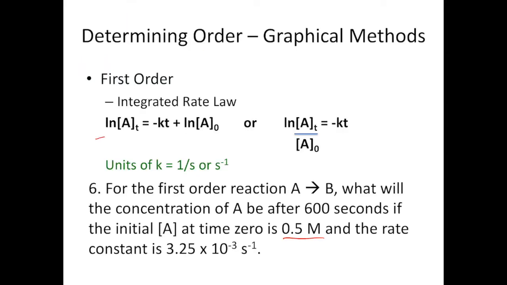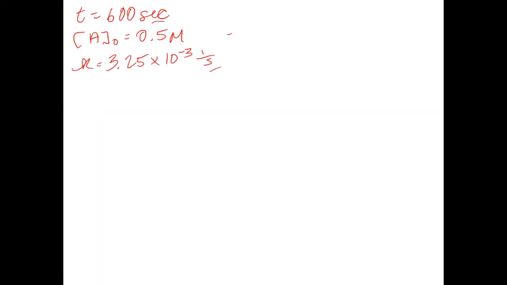My equation that I'm using, ln A is equal to negative K times my time plus ln of A naught, which is my initial concentration. Okay, so I have everything I need. I'm just going to plug in.